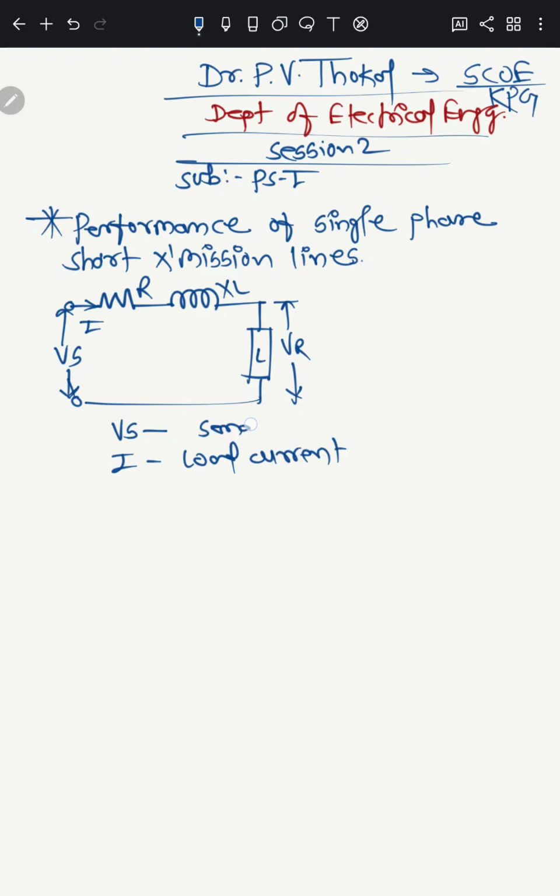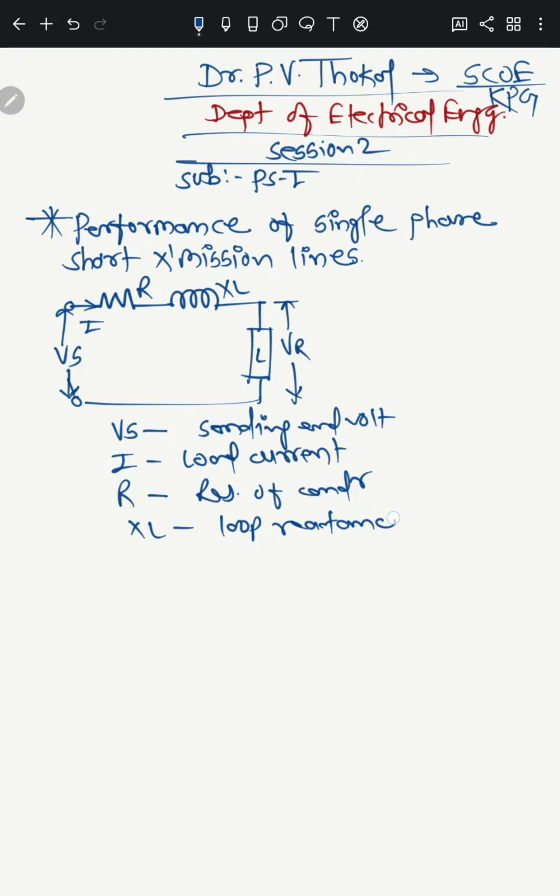Vs is the sending end voltage, then R is the resistance of the conductor, I is the load current, XL is the loop reactance, R we can also call loop resistance, VR is the receiving end voltage.